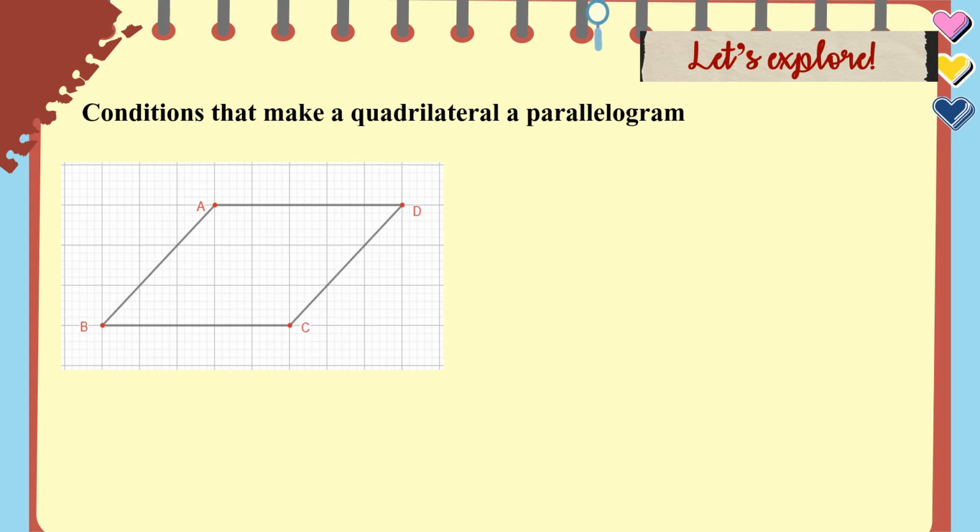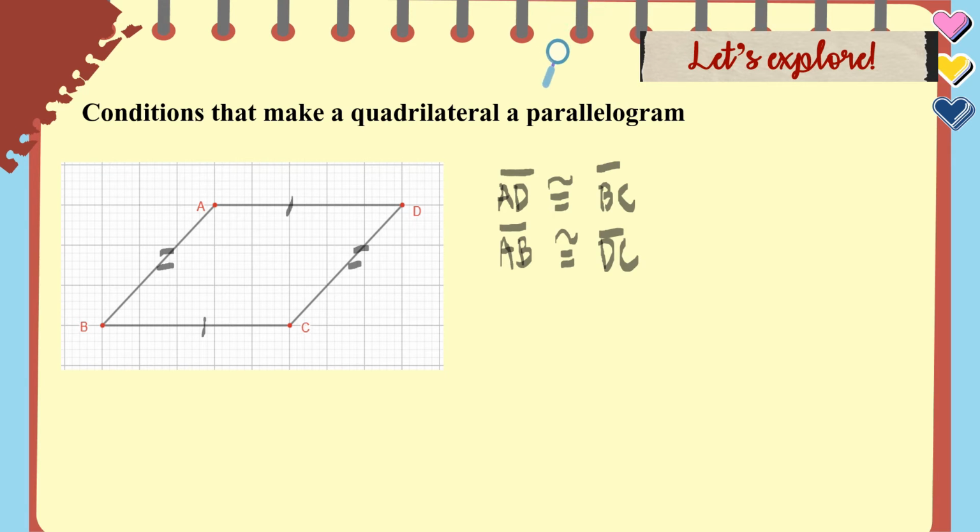AD is congruent to side BC, or they have the same length. Can you also say that side AB has the same length as side DC? By looking at the picture, we can say that side AB is congruent to side DC.